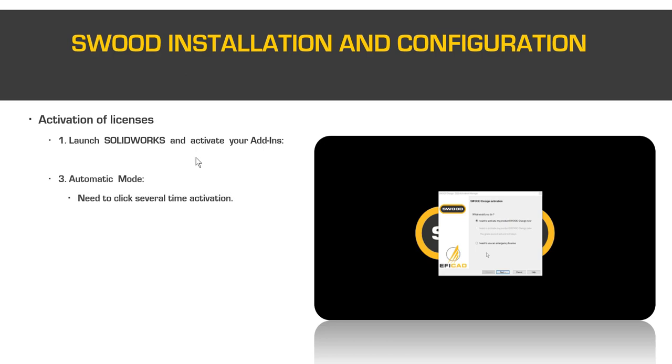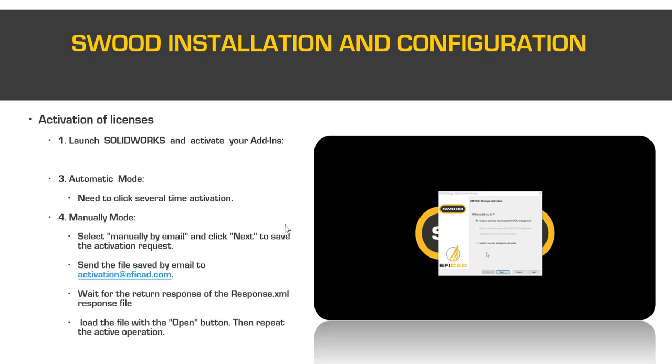And after that, you need to activate SWOOD. So there are two different modes. The first mode is automatic mode, and the second mode is manual mode. Now let us see how we can work on it.